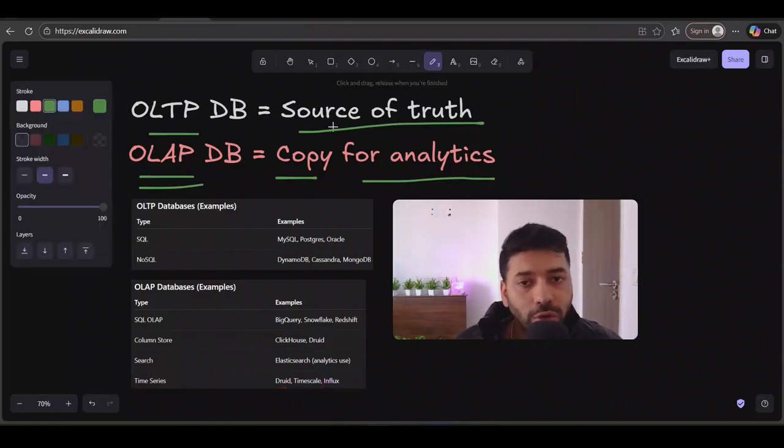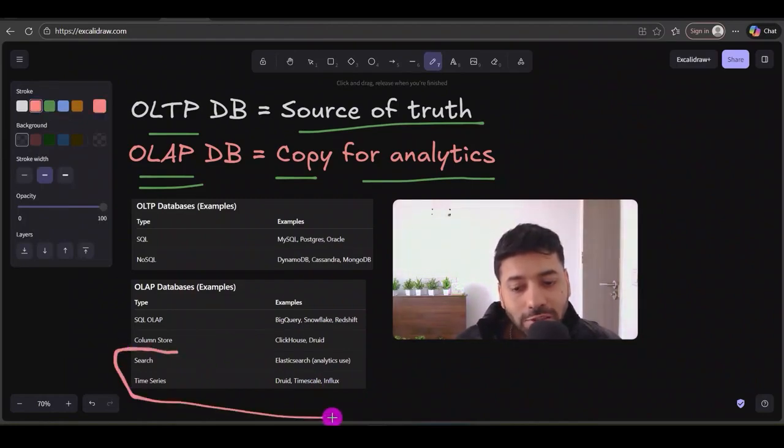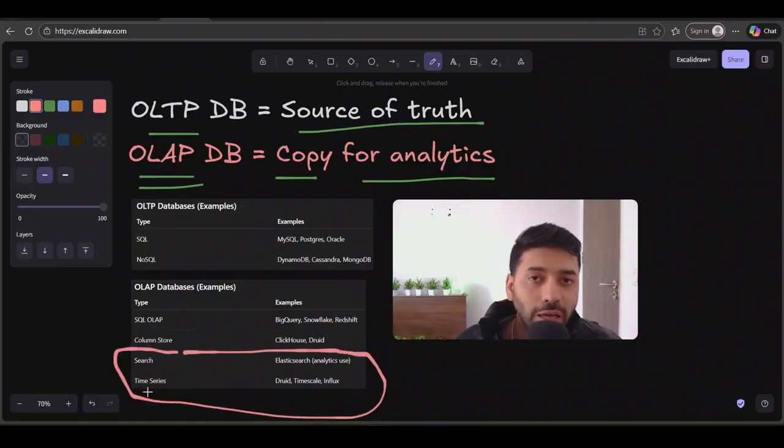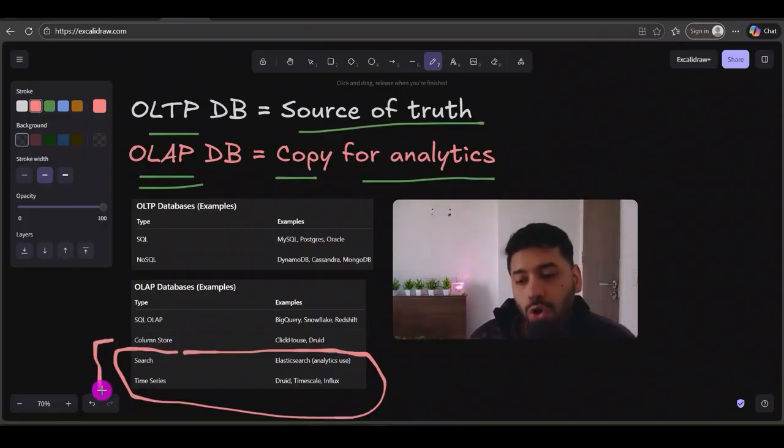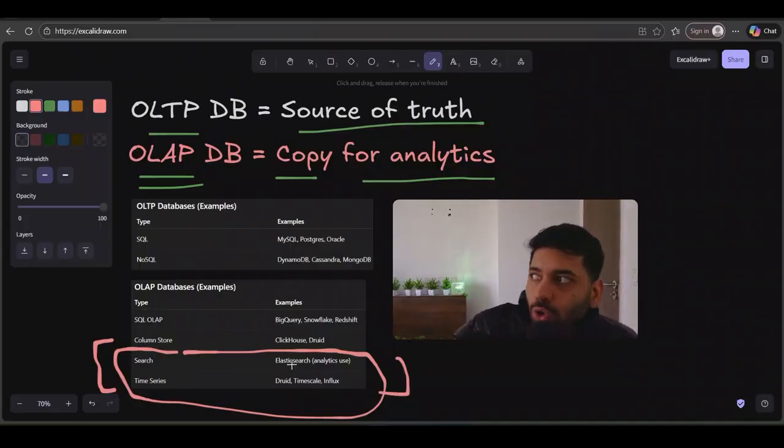Okay, so here you can clearly see the two categories that we discussed just before this one, the search database and the time series database, which are separate categories from SQL and NoSQL. These two also are used as OLAP. These two are not used for OLTP because search is specific for searching something. It's not good when we talk about day-to-day transactions, right, running your business.